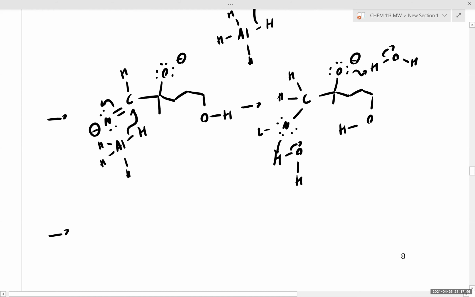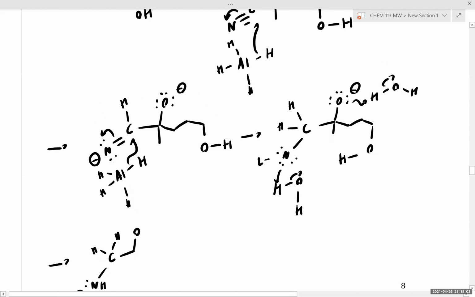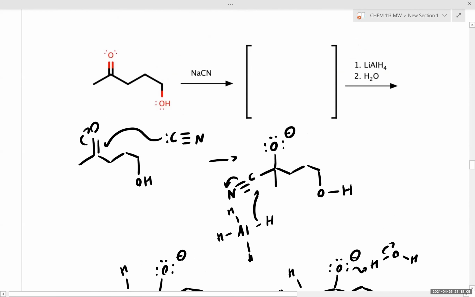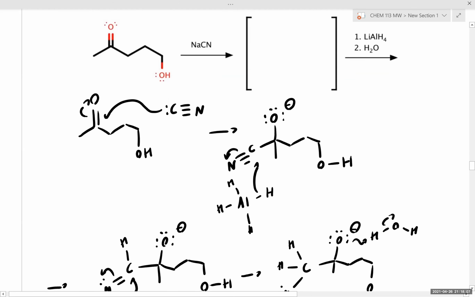So the alcohol doesn't really do anything just because we're under basic conditions. Is it fine to, I protonated the alcohol at the very beginning. That's fine. Okay. The reason why I didn't is just because as drawn, there's no protic source yet added.